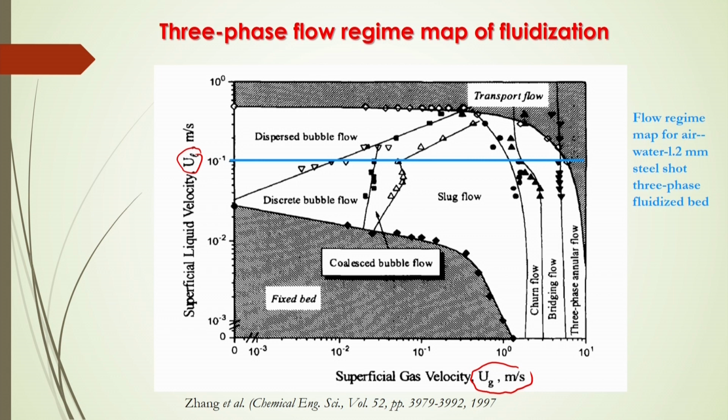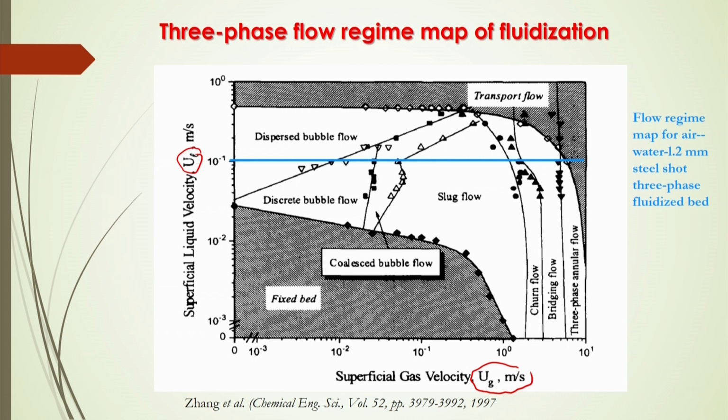And this flow regime map was actually made by Zhang et al., 1997, with air, water and steel shot of diameter 1.2 millimeter.